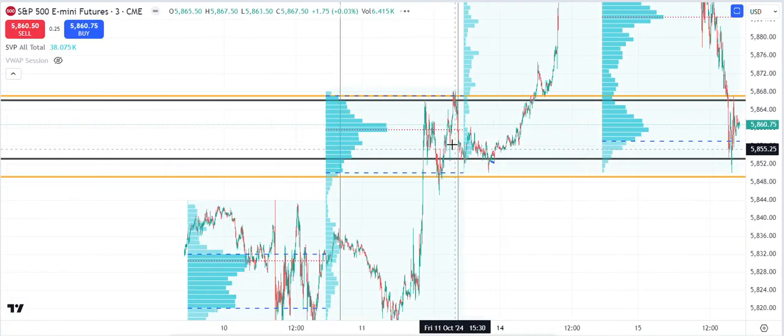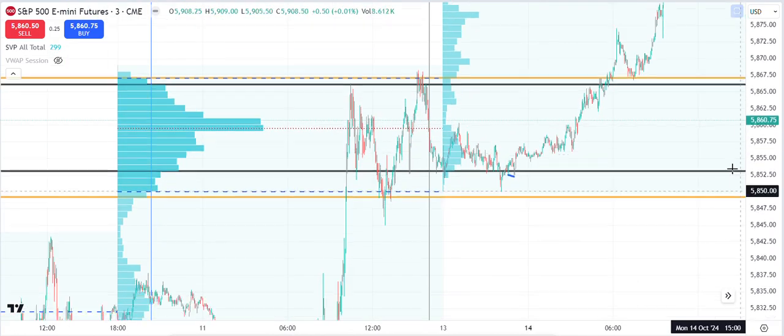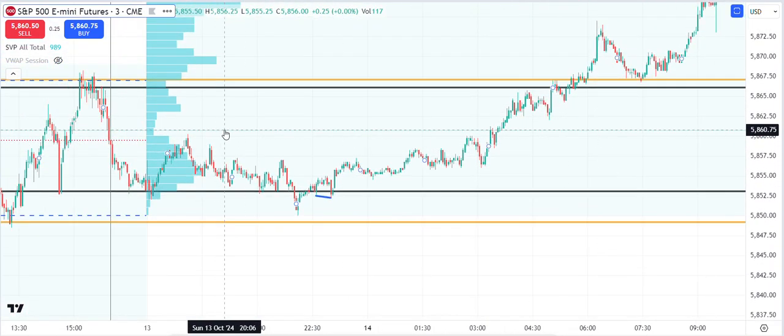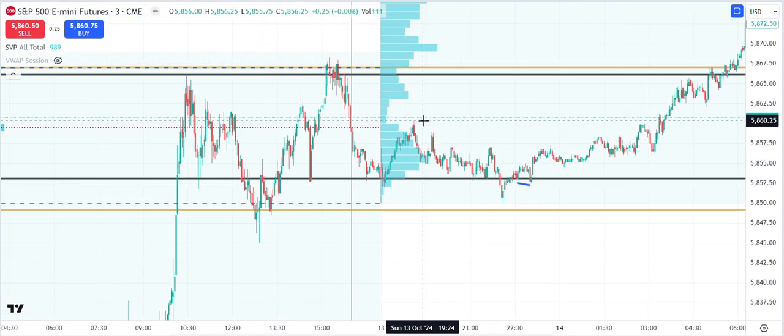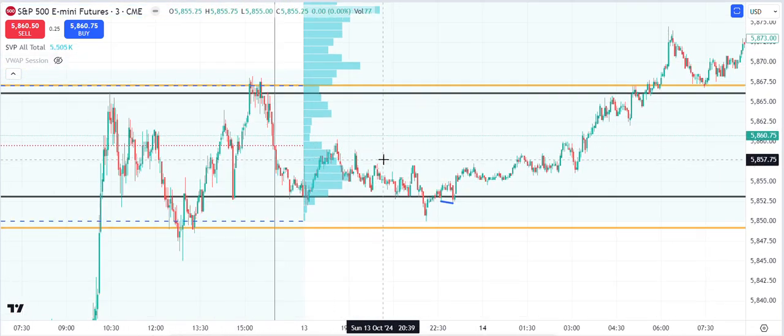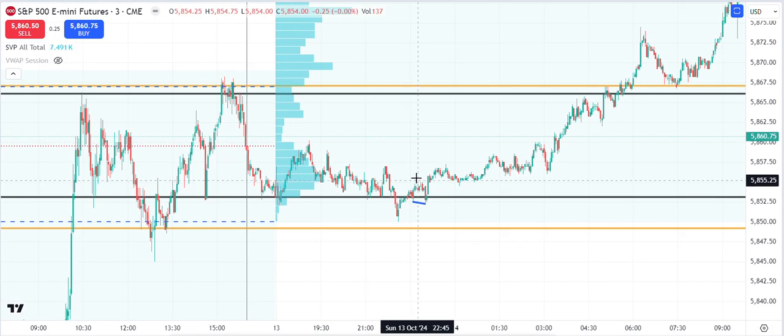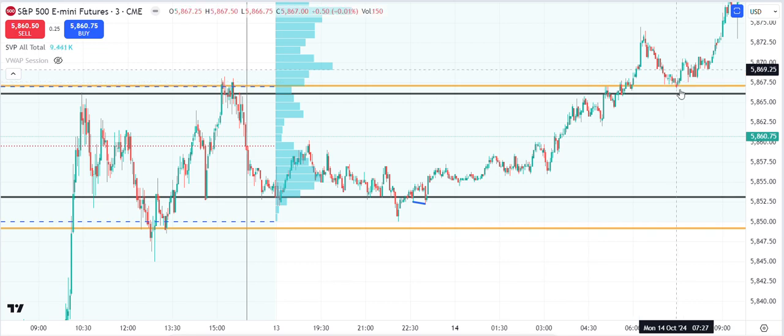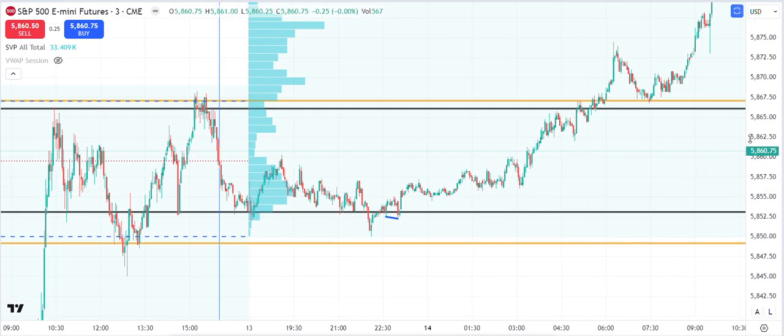If I go back, you'll see it's very similar to the ETH value areas, like value area low, value area high. It's very similar, but you can actually find edge much easier here with the regular trading hours.